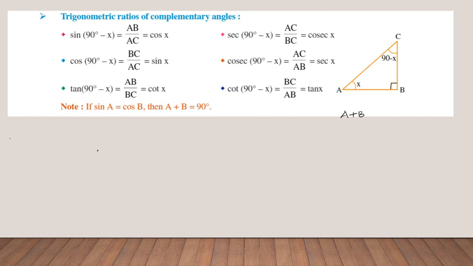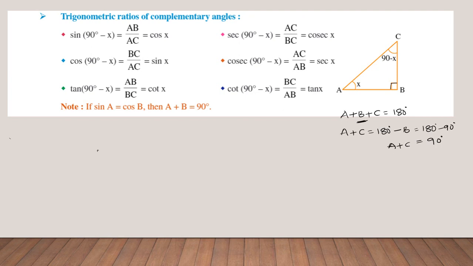From this I can say, angle A plus angle B plus angle C is equal to 180 degrees, and clearly angle B is 90 degrees. So from this I can write A plus C is equal to 180 degrees minus B, which I can write as 180 degrees minus 90 degrees, which gives me 90 degrees. So what is the relation that I got?